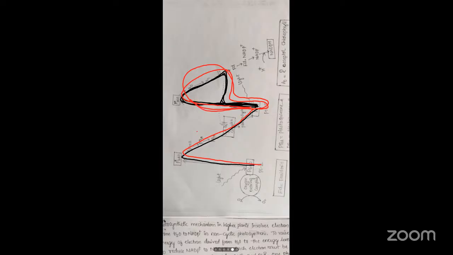So in both reactions, what is formed? Energy, food material. What is that? NADPH and ATP: adenosine triphosphate and nicotinamide adenine dinucleotide phosphate hydrogen, NADPH2.